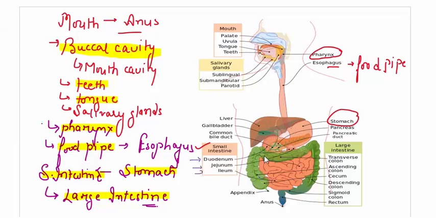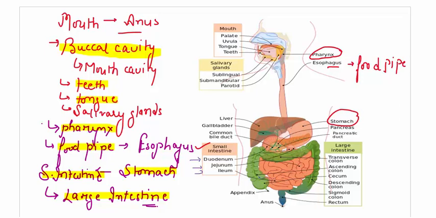Similarly, the large intestine is categorized into the transverse colon, ascending colon, descending colon, and the sigmoid colon. The food is temporarily stored in the rectum, and egested out through the anus.